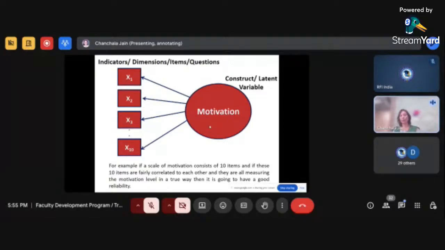It is very close to the true value. The true value means the true motivation of a person, whether it is high or low, whatever it is. So that scale is very close to measuring that true value of motivation. You can comment on that when you talk about internal consistency.